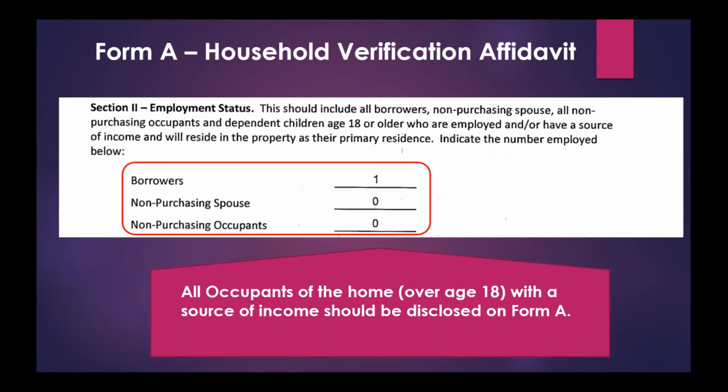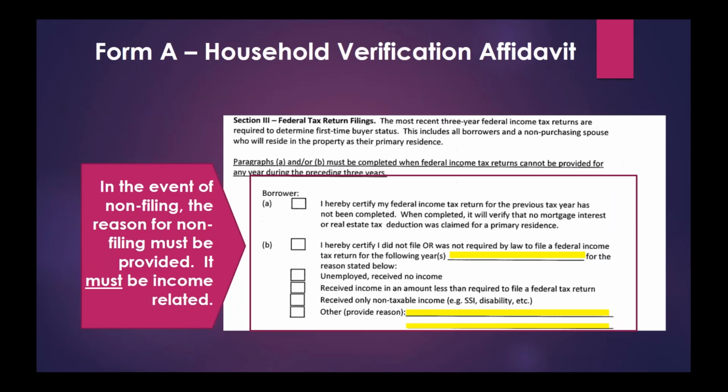The next section is regarding employment, and again, it's anyone over the age of 18 that will be residing in the property and their employment status. The next section is for tax return filing.